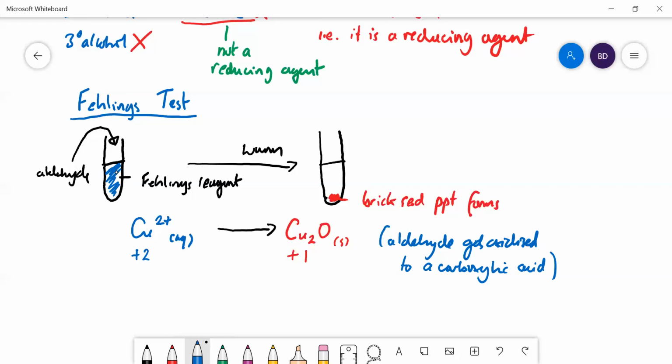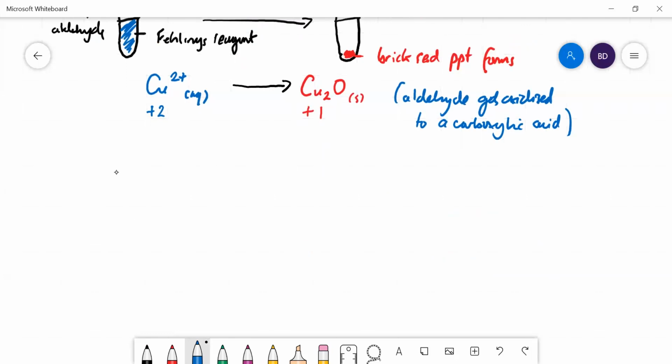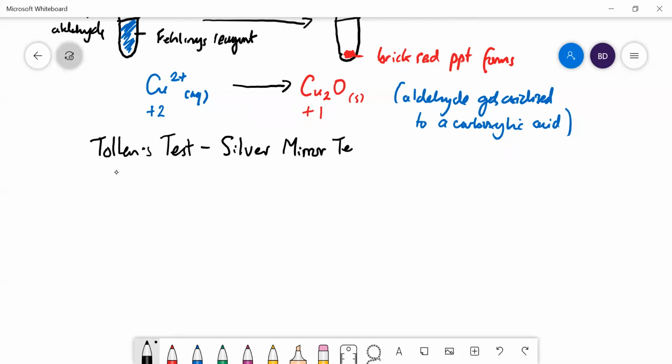Right, now there is another test as well, and you should know about both, and this does the same thing. It tests for aldehydes. It's called Tollen's test, sometimes called the silver mirror test. So what you do with Tollen's test is you get your Tollen's reagent in your test tube.